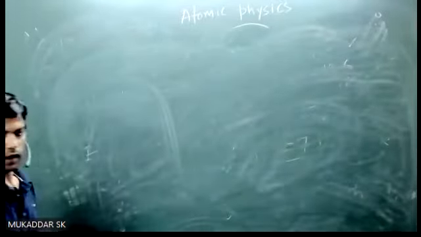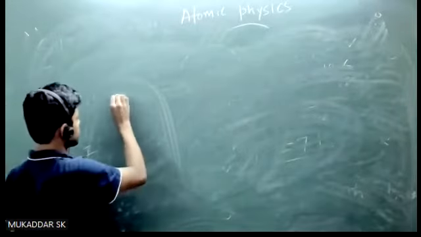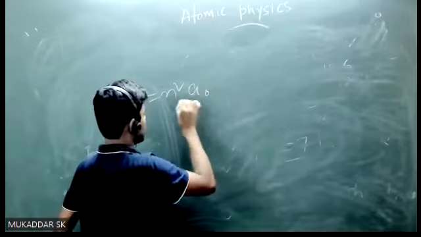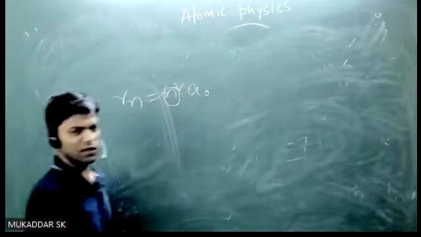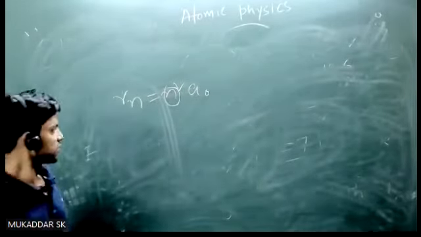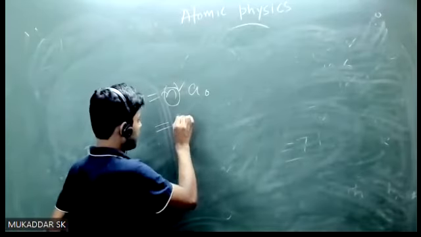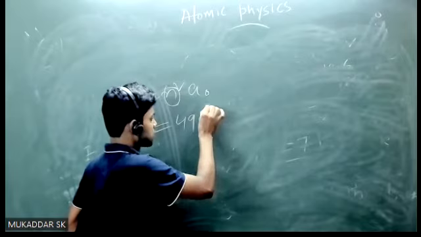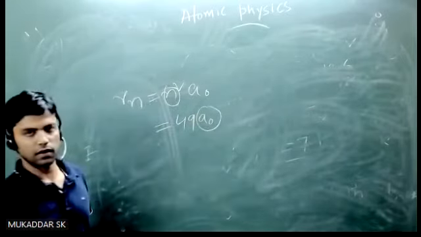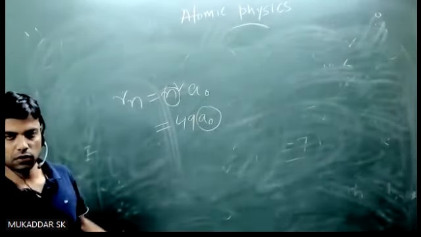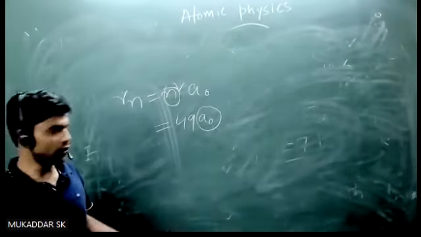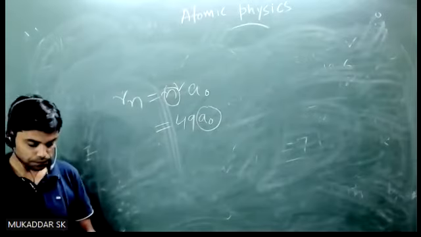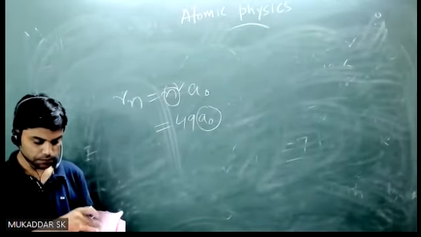Because Rn is nothing but n square a0, and n is 7. So the maximum radius can be 49 times a0. Initially it was a0, now 49 a0, so the maximum factor can be 49. Is it clear to all?